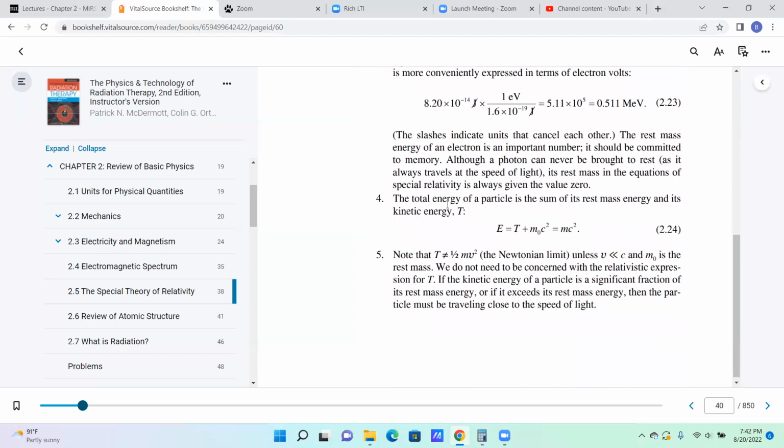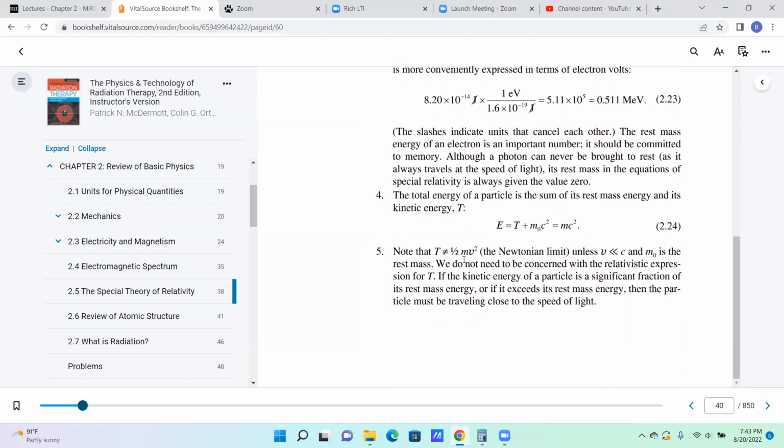Number 4, the total energy of a particle is the sum of its rest mass energy and its kinetic energy. And note that this, number 5, is not equal to 1/2 mv squared unless v is much, much less than c, and this m sub 0 is the rest mass.